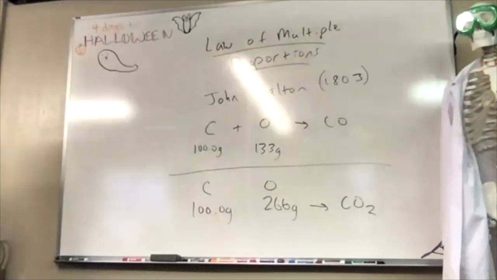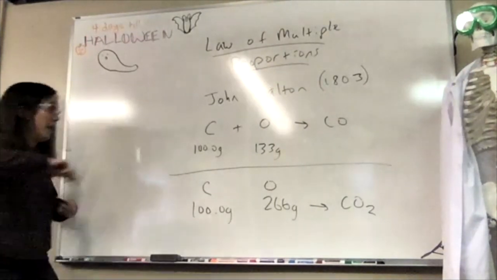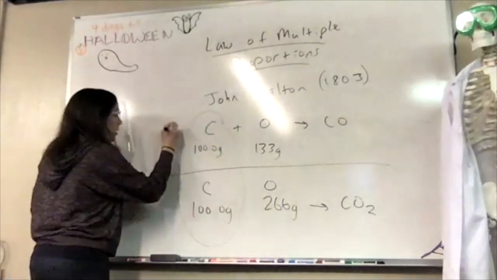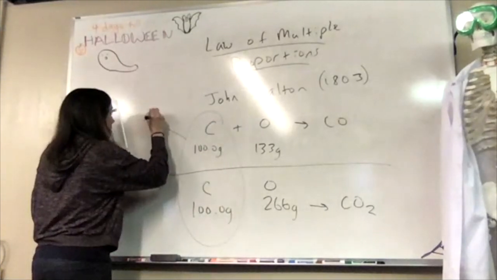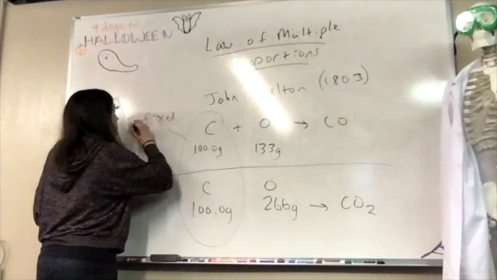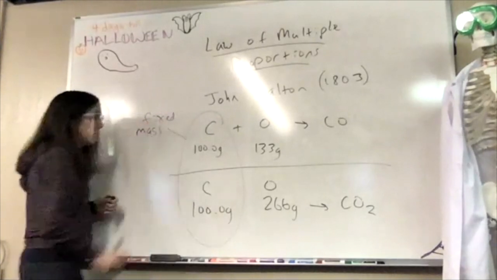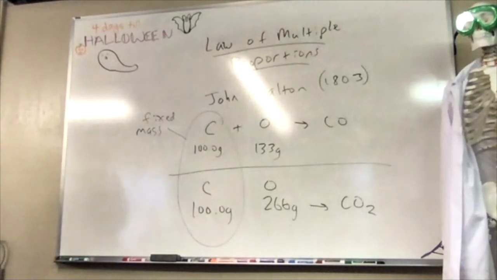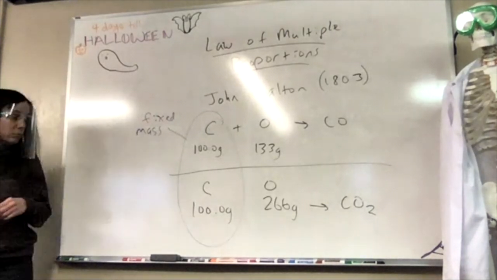And so what he did in this example is he took a fixed mass of one of the elements. He kept one of the amounts constant. And then he changed the mass of the other reactant. So if you double one reactant, it can change the compound?